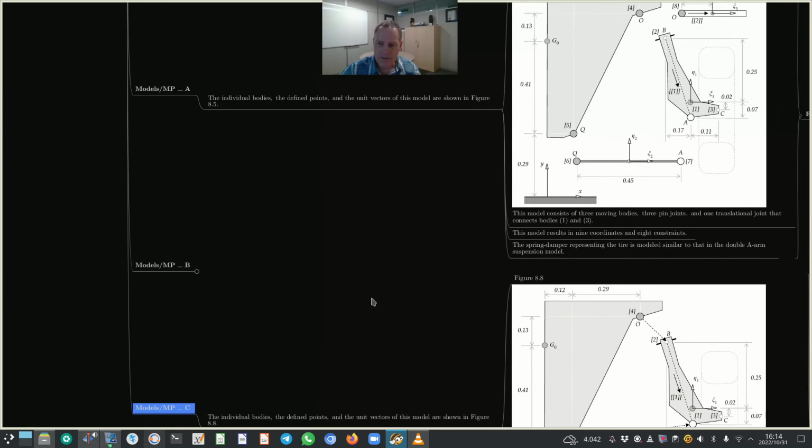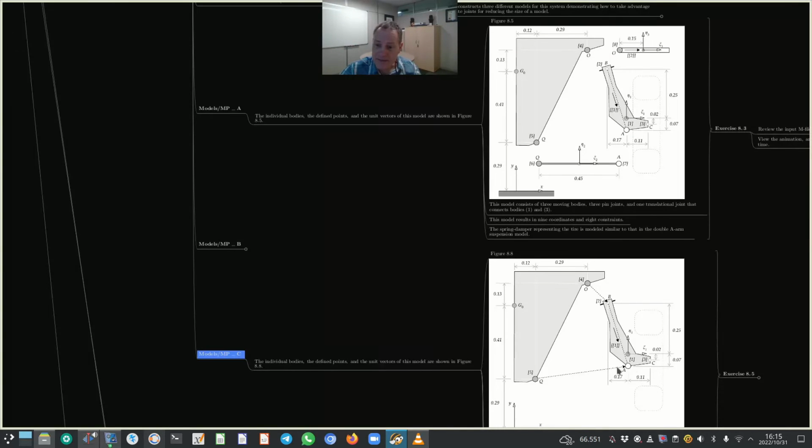Now what we have here, we only have a single moving body connected with a revolute translational joint that we've discussed in McPherson suspension underscore B, and then this body too is replaced by a revolute joint. So let's see how that is done.